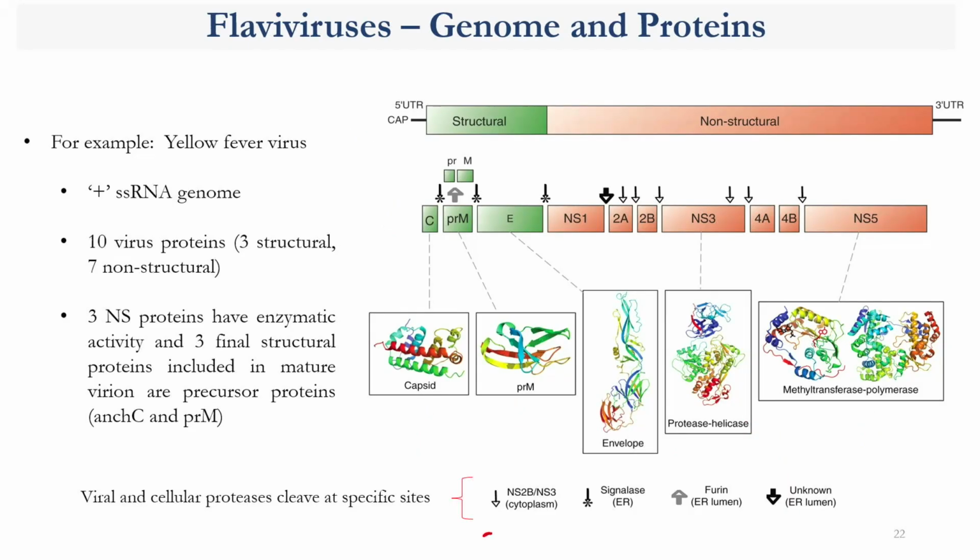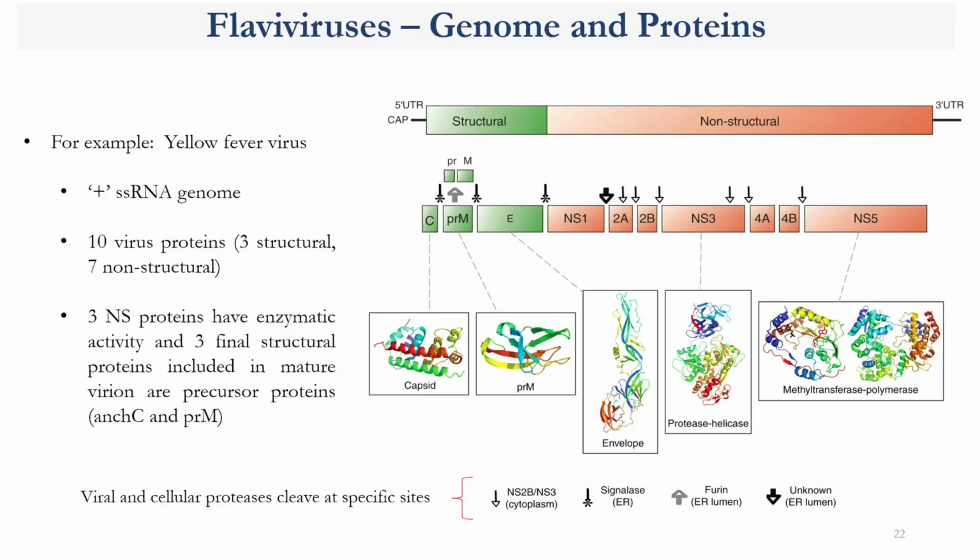And these are the various proteases, viral proteases as well as cellular proteases, that are going to cut at these specific sites. So you have your NS2B, NS3, a signalase enzyme from ER, furin is present in the ER lumen, and this is unknown. Basically, they don't know which enzyme cuts at that spot, okay?